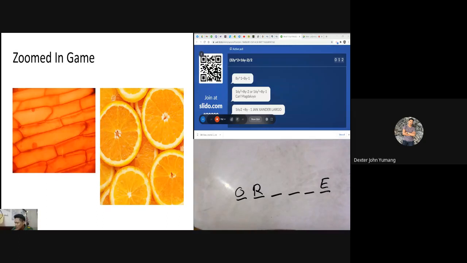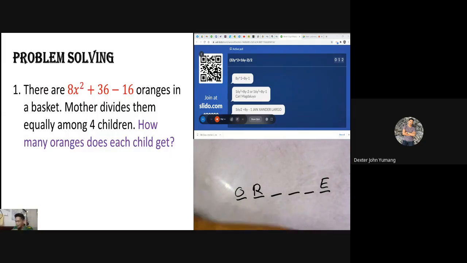That is the microscopic image of an orange. Okay, so let's try having problem solving with this orange as our topic. So the first problem, it talks about oranges.